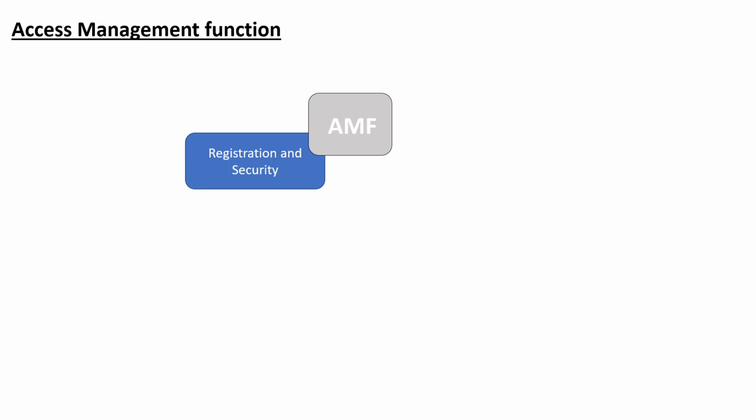Once the registration accept message is received by the user, only then will the user be allowed to establish a session to access the internet, or you can say access the 5G services. So registration and security is the main function performed by the AMF.